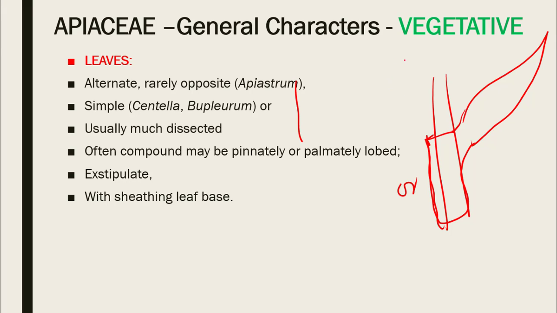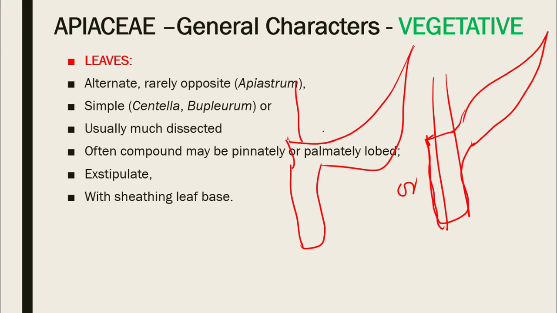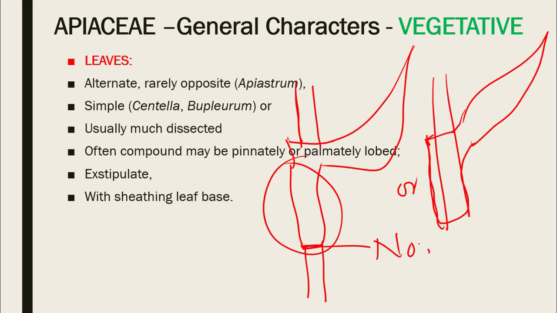So this is a leaf, and as you can see this particular area, and now we are going to draw the stem. So this particular part of the stem is hidden, as this part of the leaf is covering the stem, it is sheathing the stem, and this is the area which is known as node.